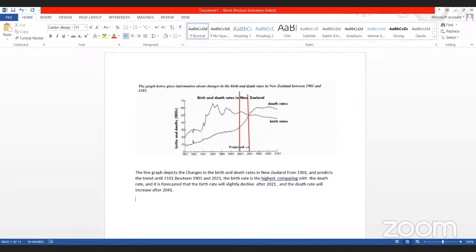Now what we need to say is we need to talk about the peaks, the peak of the birth rates as well as the peak of the death rates. That's what we need to talk about right now. Right, let's start.